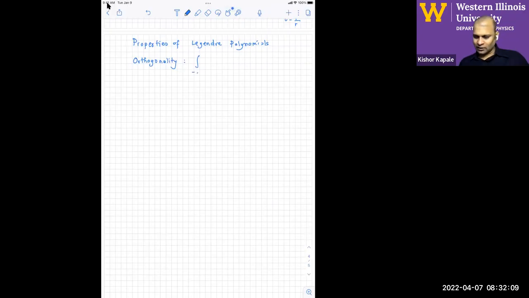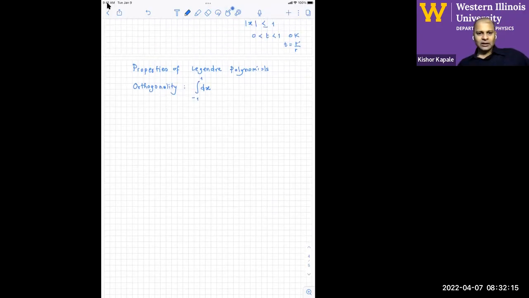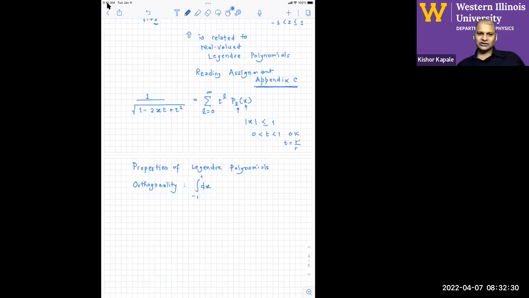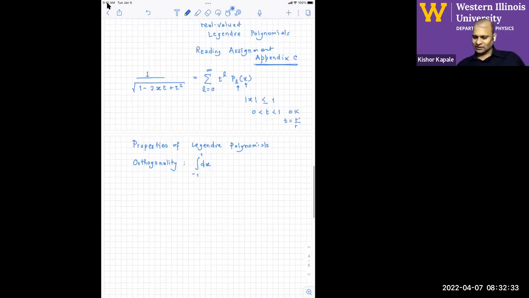But in general, something that would maybe help you appreciate this is that whenever you have an orthogonal set of functions, you can expand some known functions into that orthogonal set as an expansion like here, where t to the L is just the coefficient multiplied by PL of x.